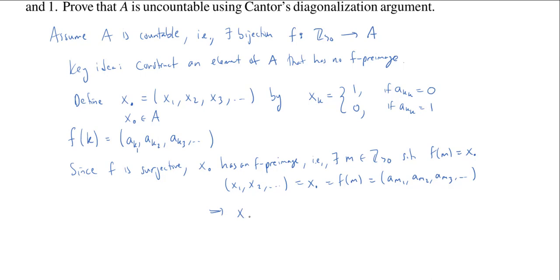So this implies that the mth component, which is x sub m, is equal to the mth component on the right, which is a_mm. But this is a contradiction because of the way we defined our x sub k. Any of our x's was always different in the kk position, or if we're looking at x_m, the mm position. So this is a contradiction.